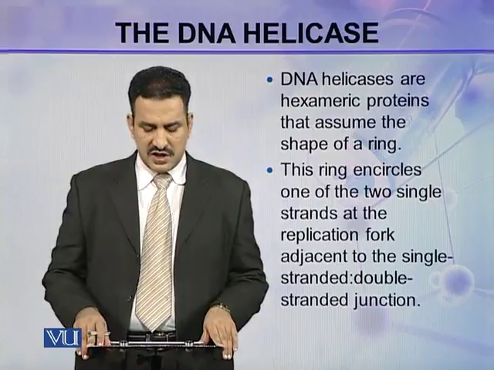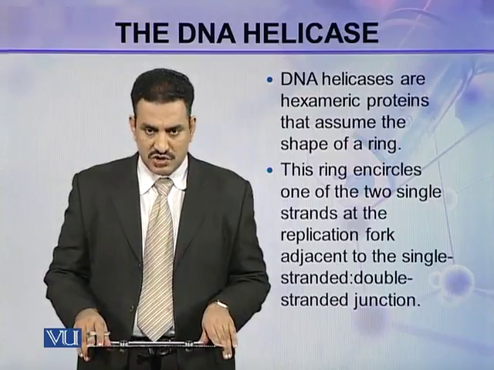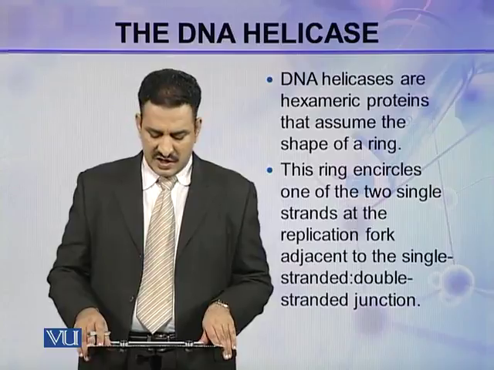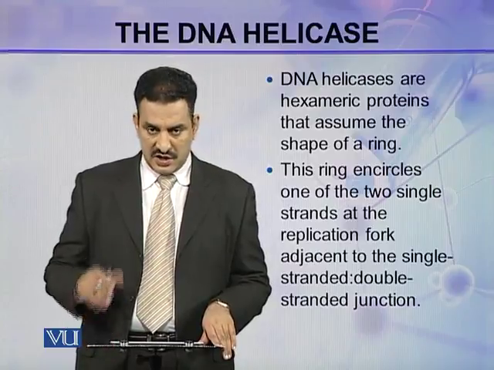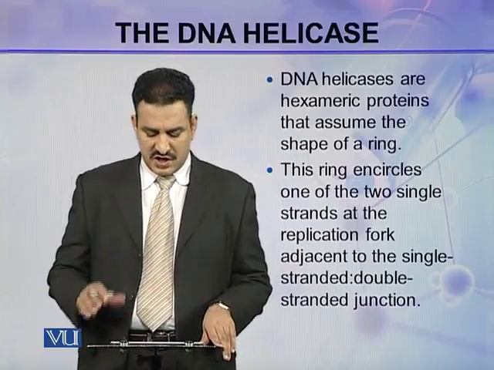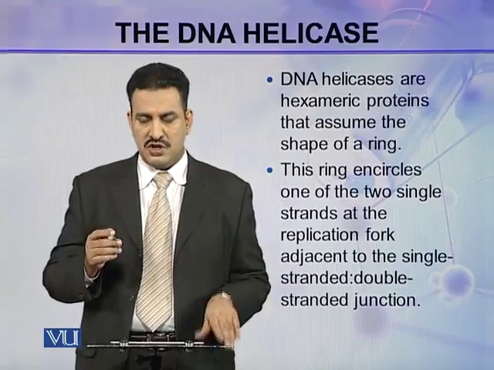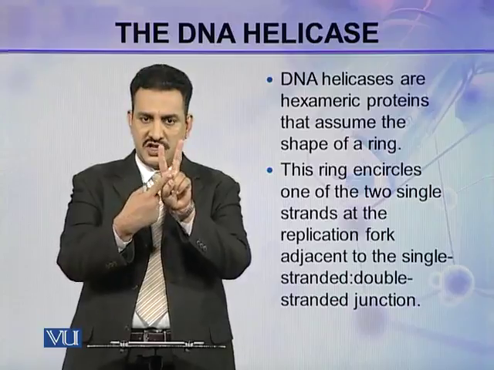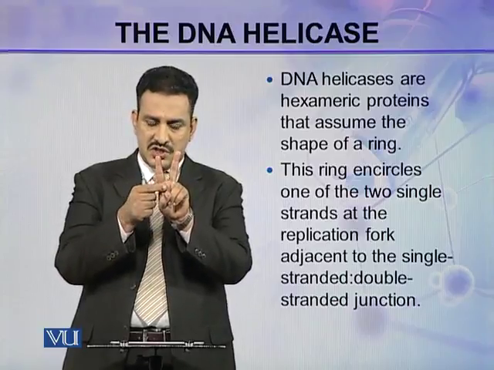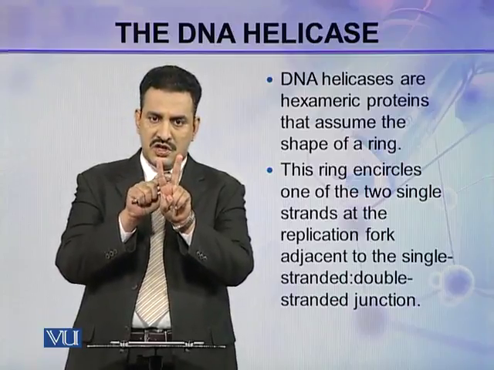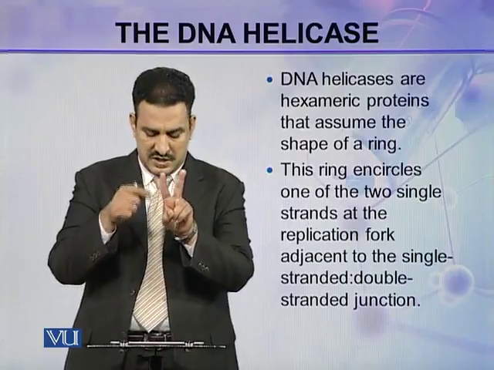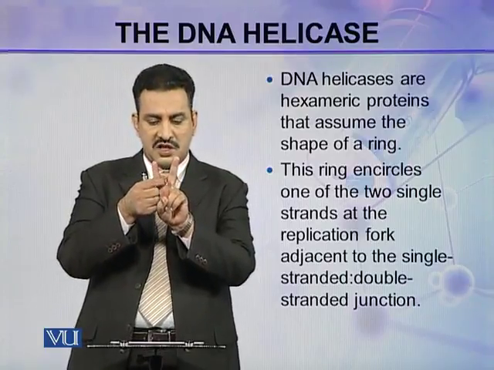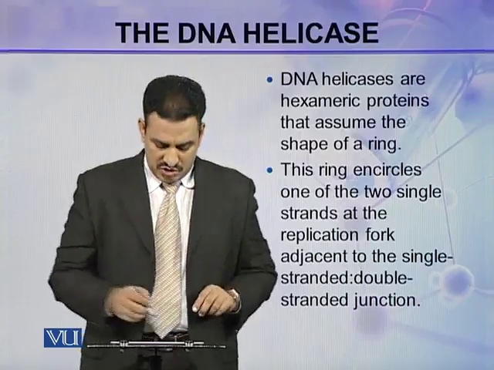This ring encircles one of the two single strands of DNA at the replication fork, adjacent to the single-stranded double-stranded junction. Just adjacent to this junction, the helicase encircles one of these two strands.